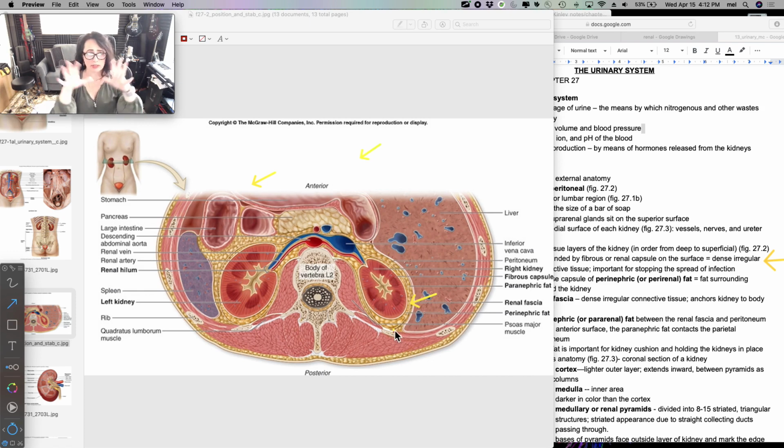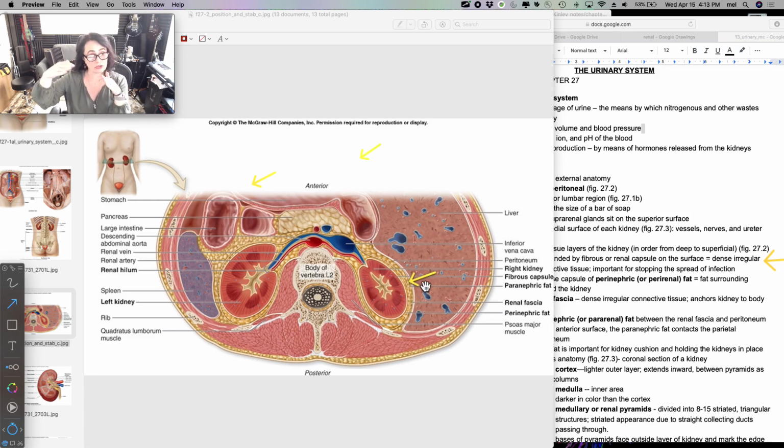I always think about what surrounds the kidneys and keeps them against the body wall kind of like layers of packing peanuts within layers of packing tape on top. So the kidney was in there, and then this fat is a layer of packing peanuts, and then I've got a layer of packing tape right on top of it. That first layer of packing tape is called the renal fascia, but then I'm going to have another layer of packing peanuts, and that next layer of packing peanuts is right here.